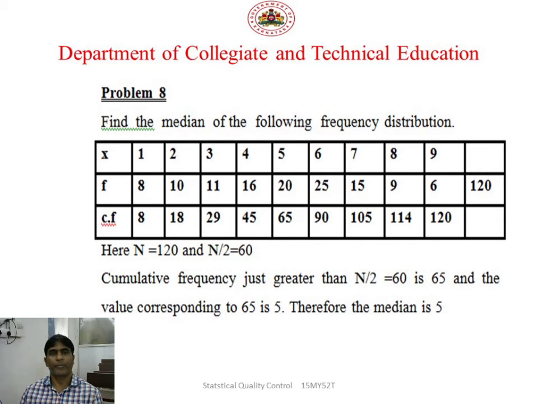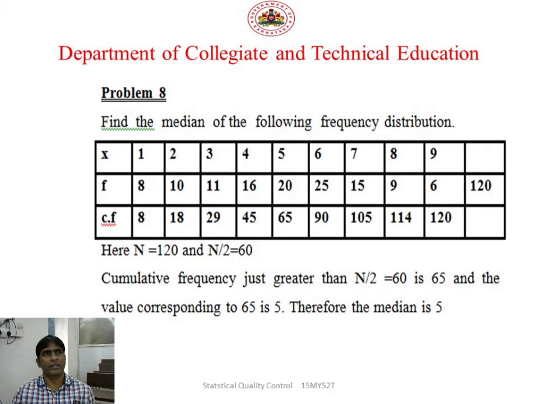So here n is equal to the total, which is 120, and we calculate n by 2. What is n by 2? 120 by 2 is 60. The cumulative frequency just greater than n by 2, which is 60, is 65.